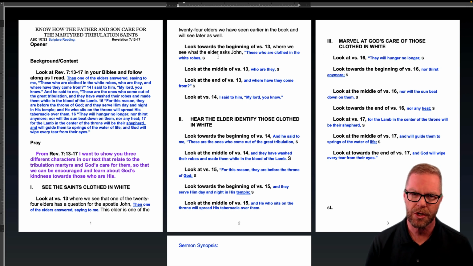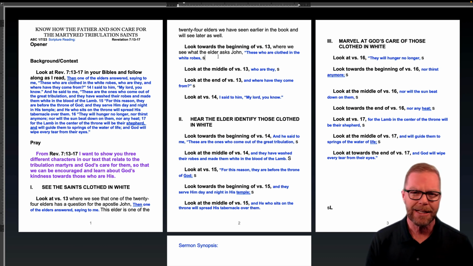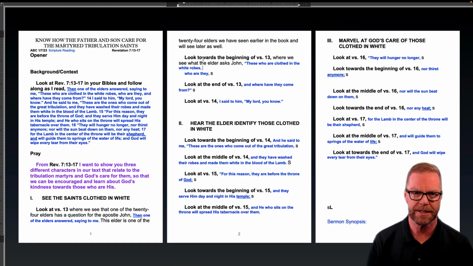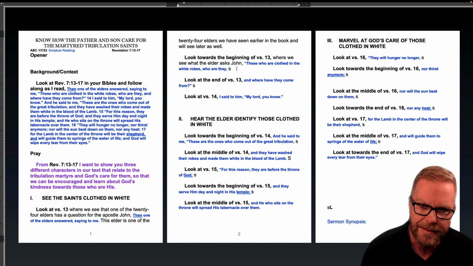"These who are clothed in white robes." Now, I look at this, I thought, well, I have it broken down there. Who are they? I'm just going to erase this right here. I'm just going to connect and put these two together. I just want these. Who are they? Okay, I'm just going to leave that there.